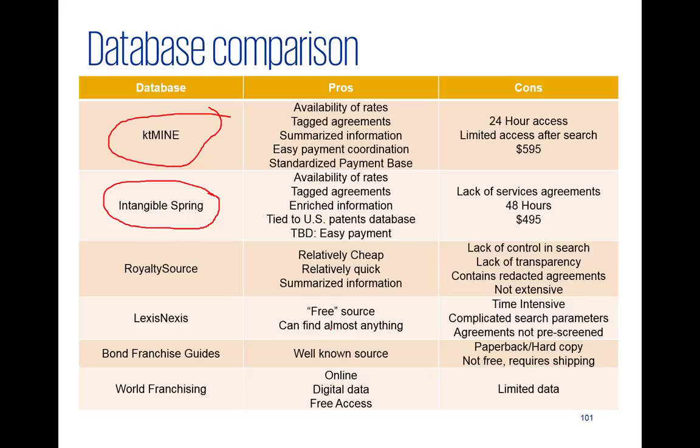LexisNexis is a very broad database of materials, and so it will have such things as a lot of financial filings. It'll also have articles. It will have many court proceedings, etc. And it doesn't cost us out of pocket, but the time factor can be quite intense. So never lose track of how costly your billable time is to the client, and therefore spending a little money on getting to the data is a wise investment.